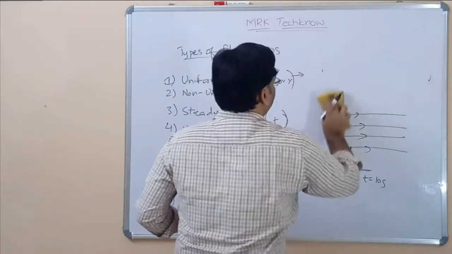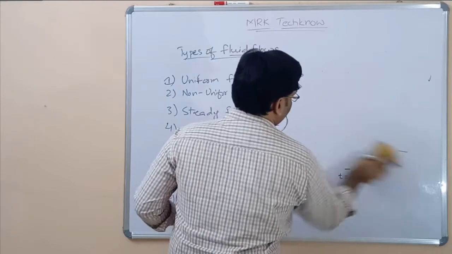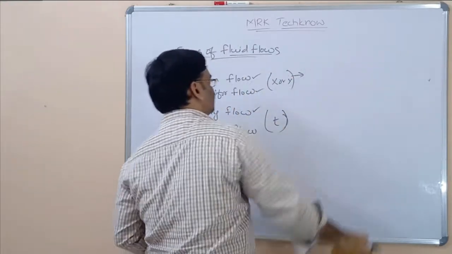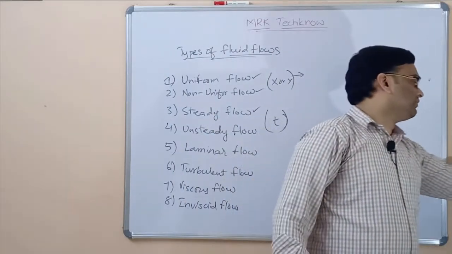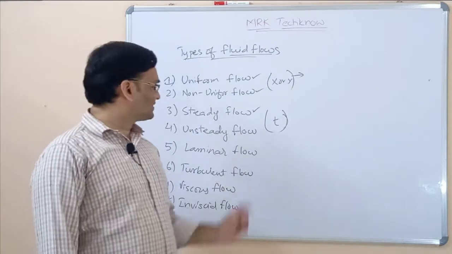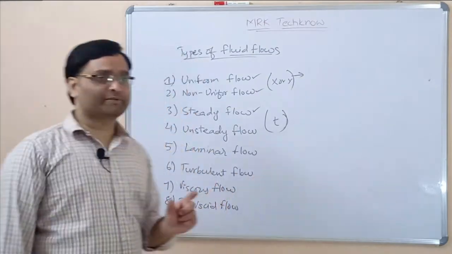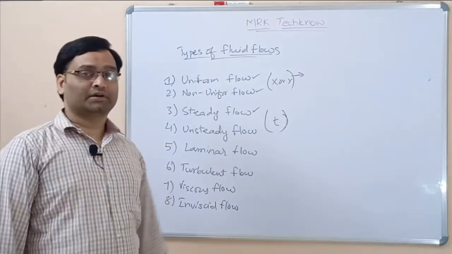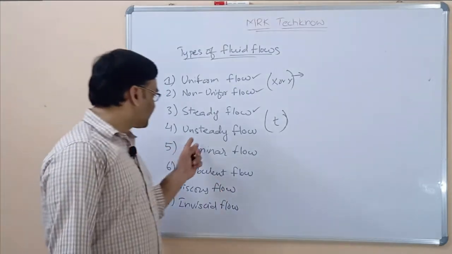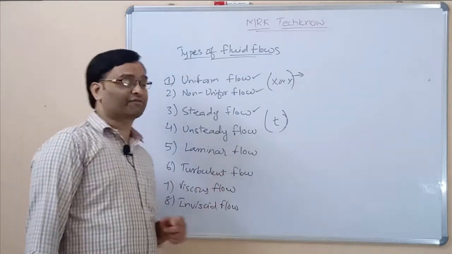Then another important category: laminar flow and turbulent flow. This is a real life experience which we might observe mainly in water channels. What is laminar flow? Laminar flow is generally defined as a flow happening in an orderly manner. Orderly arranged, such a flow is called laminar flow.